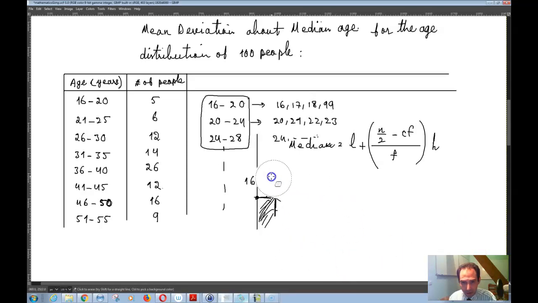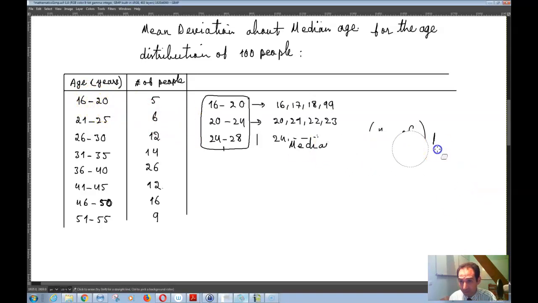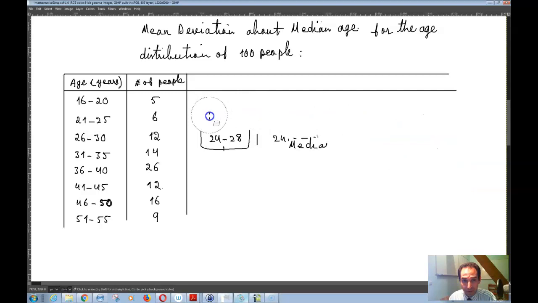Now, the way that you make your classes continuous is that you see over here you have, for example, 16 to 20 and 21 to 25, again 26 to 30, and so on and so forth.